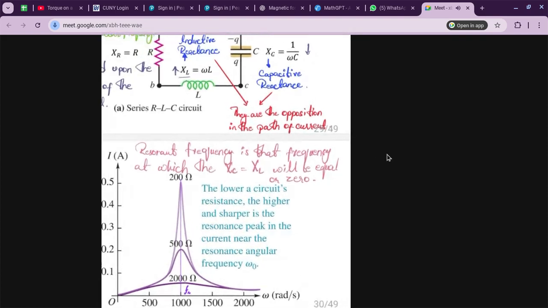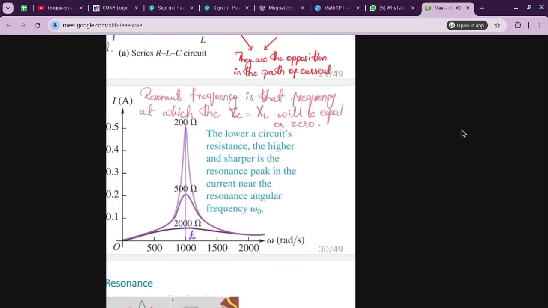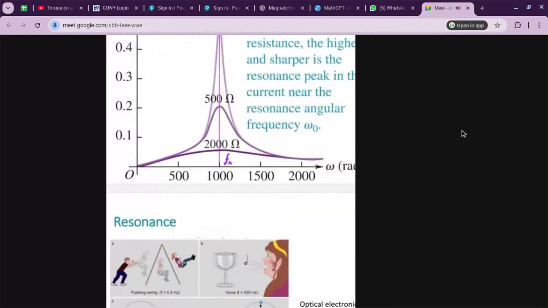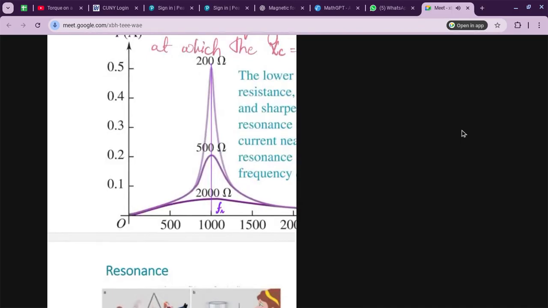It means that the resistance in the circuit will be minimized at this resonant frequency. And if the resistance is minimum, the current will be increased.